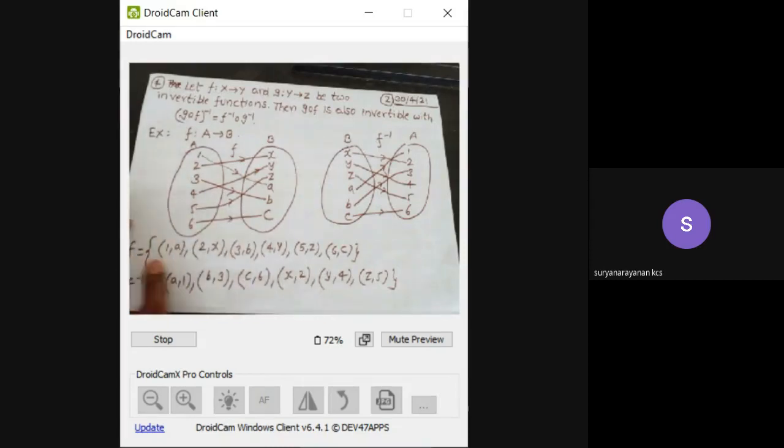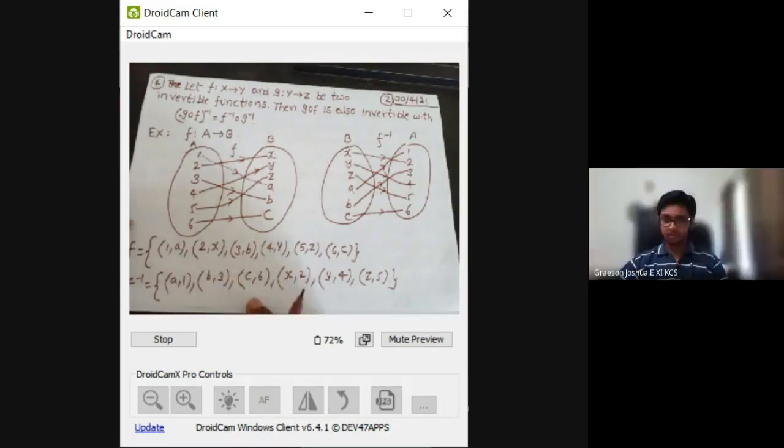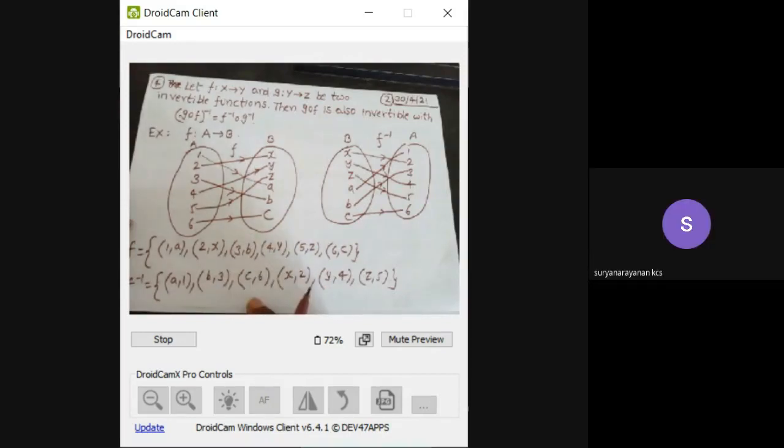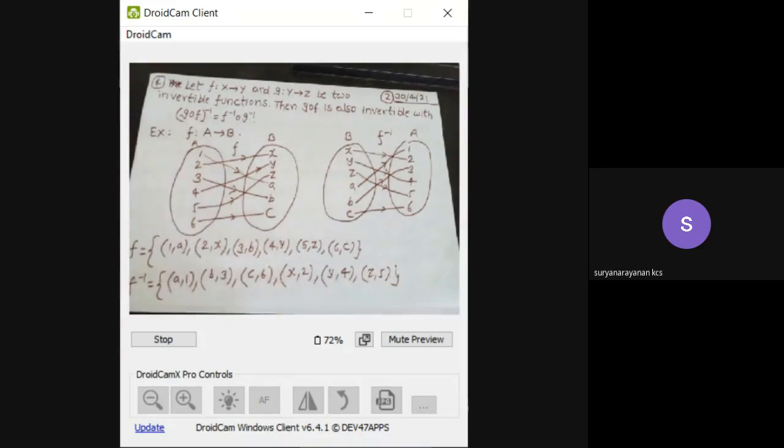Sometimes they will give the function as a set of ordered pairs. Then it is easy to find its inverse. Understood this step, my children, how to write the inverse of a given function if a function is given as a set of ordered pairs? Yes, sir. Right.